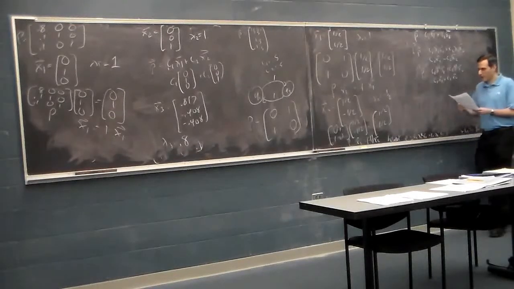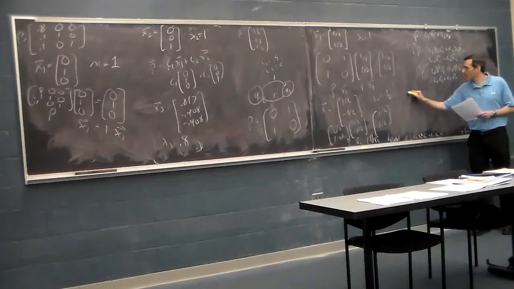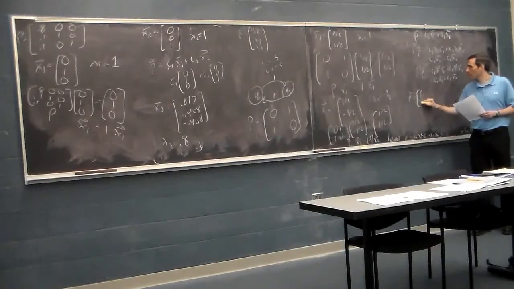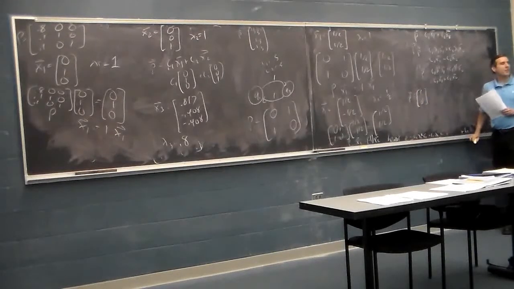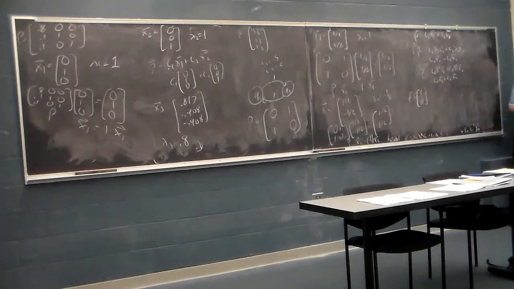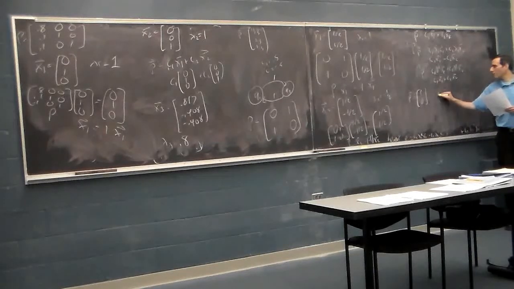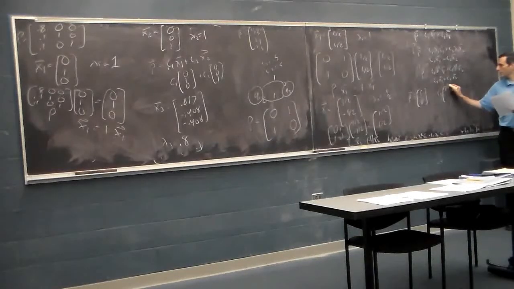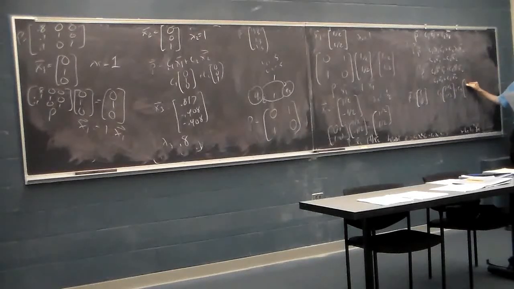And so we can see how that would look with an example. Let's suppose P were (1, 0). Then if we wanted to decompose that into a linear combination of the eigenvectors, what we're trying to do is figure out C1 and C2 such that C1 (1/2, 1/2) plus C2 (1/2, minus 1/2) is equal to (1, 0). We can think of this as solving a linear system.